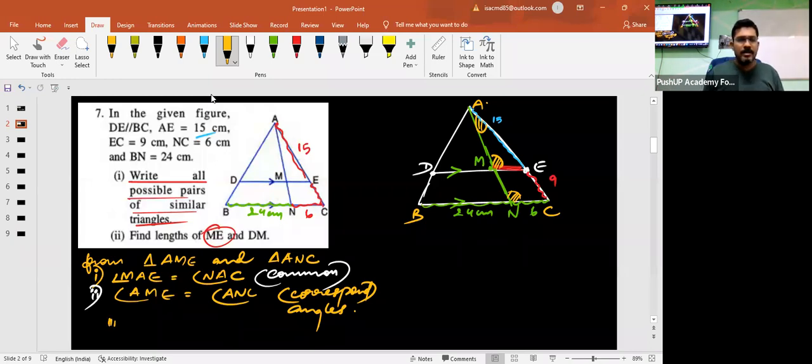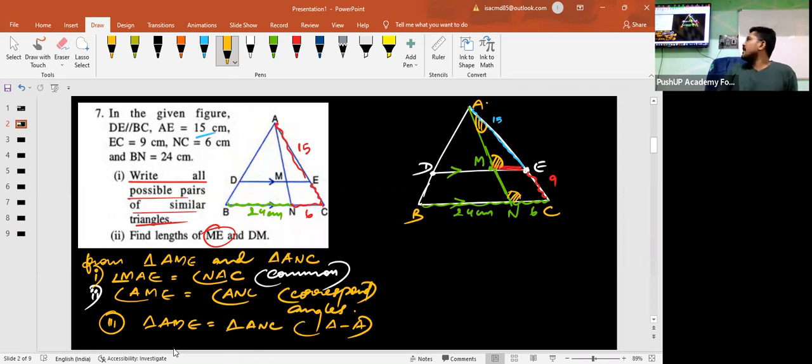Okay. Now let's write the notation form. So triangle AME is similar to triangle ANC. And which axiom did we use? Angle axiom.